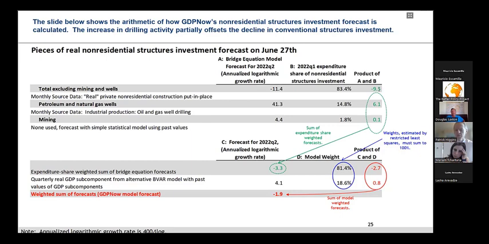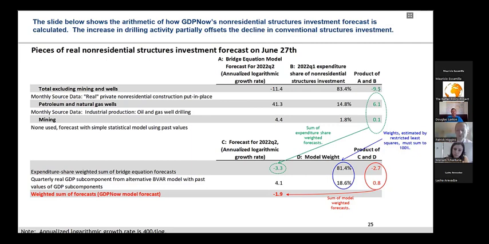Some of these can change weights quite a bit over time. So oil and gas well drilling, essentially it used to be something like 32% of the structures in 2014, when there was all this drilling and fracking activity. But after the collapse in oil prices, exploration has not surged up nearly as much as it did in the mid 2010s.